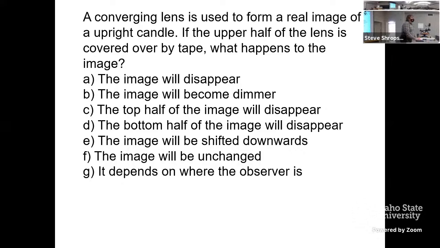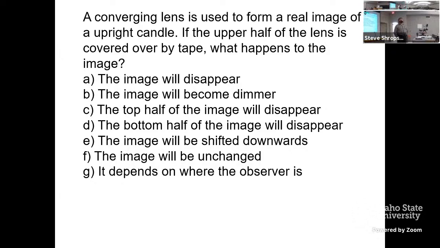I now think it's B because the lens is capturing the full image and projecting it, and the focal point is where the sheet is for the entire lens. But if you cover half of it, the full image is still going to be projected. It's just not going to be as bright because it's not fully passing through the lens.